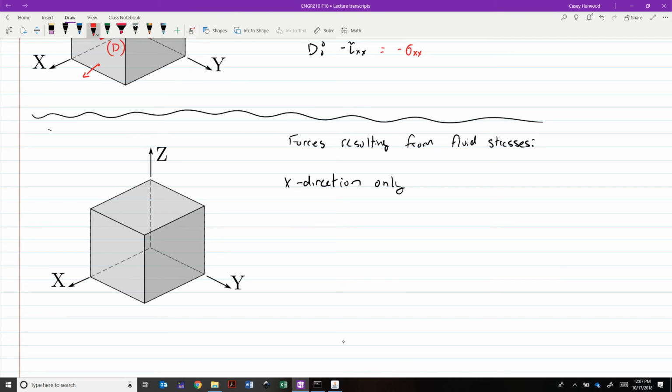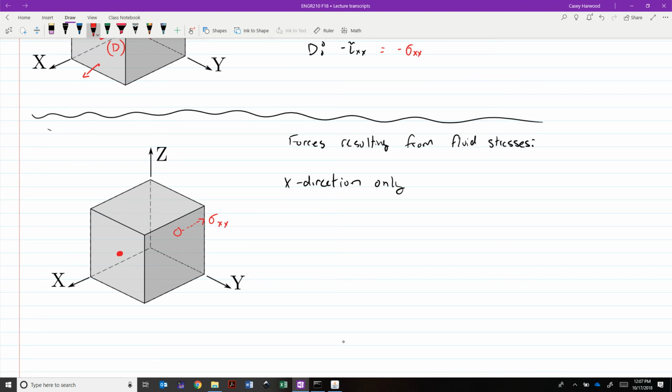Those are over here, okay? The positive, or this would be written as tau xx, right? Or sigma xx. We'll go ahead and write sigma xx.